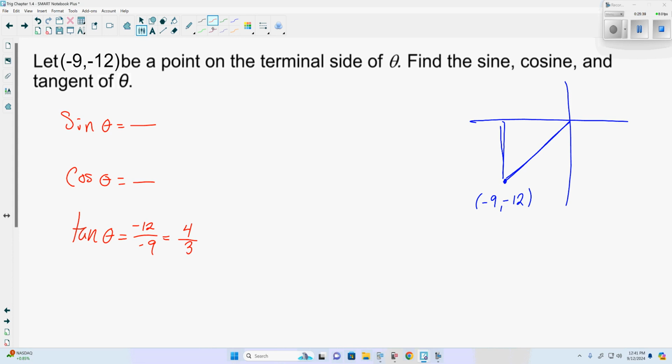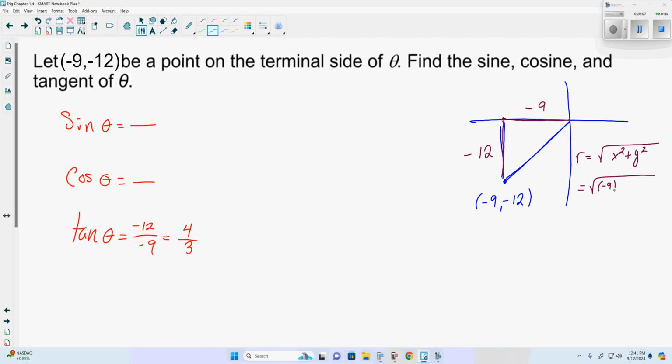Now, if we want to do this with the triangle, our two distances: the distance over for x would be negative 9, the distance down would be negative 12. The only thing we need to find is the hypotenuse, or our r value. Well, r is the square root of x squared plus y squared.